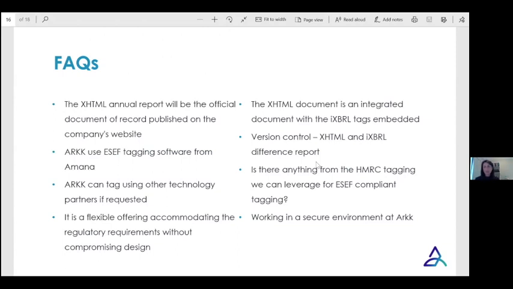We have a secure portal that you can upload your documents onto, which from there we do all of the tagging, and then I will upload them back to the secure portal for you to download the deliverables. So yeah, we work in a fully secure environment.